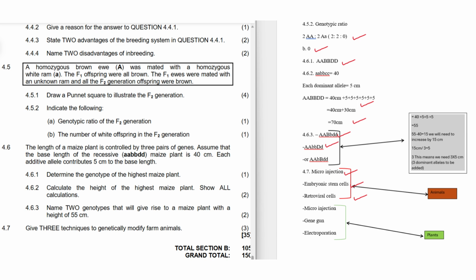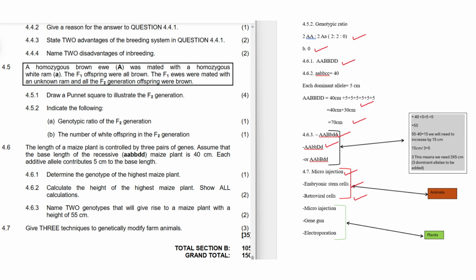we start with the 40 centimeters and add. 2 dominant alleles for A is going to give us plus 5 plus 5, 2 dominant alleles for B is going to give us plus 5 plus 5, and 2 dominant alleles for D is going to give us plus 5 plus 5.